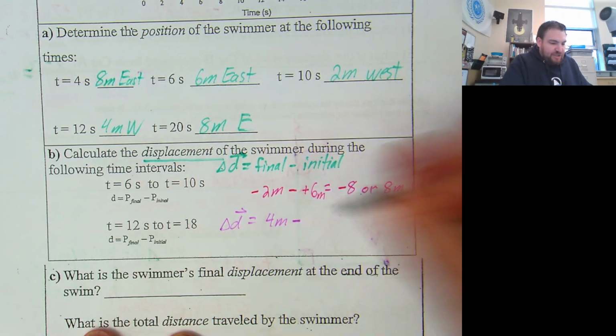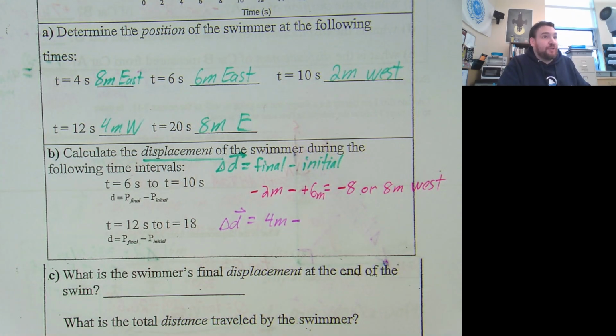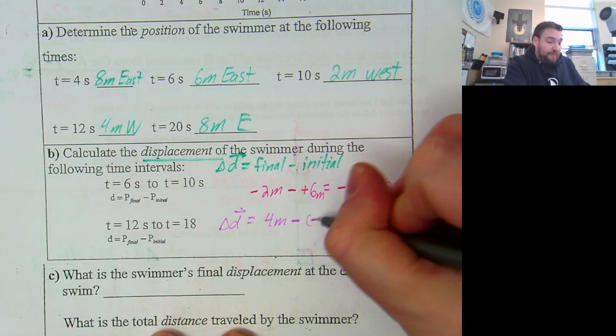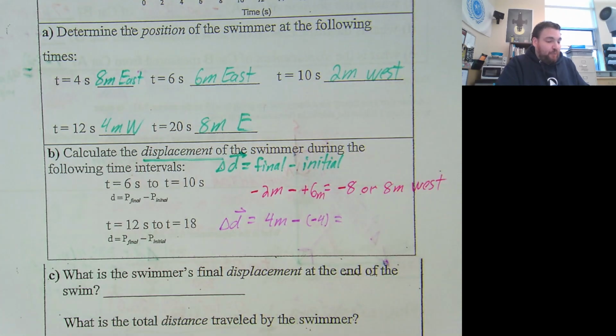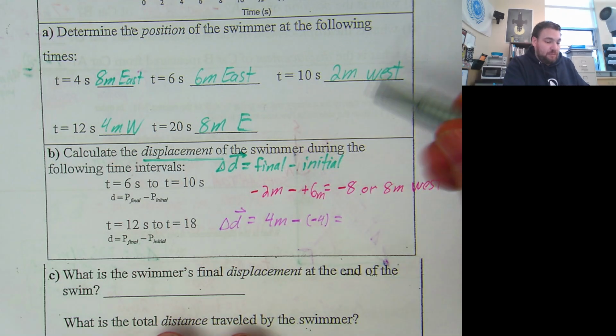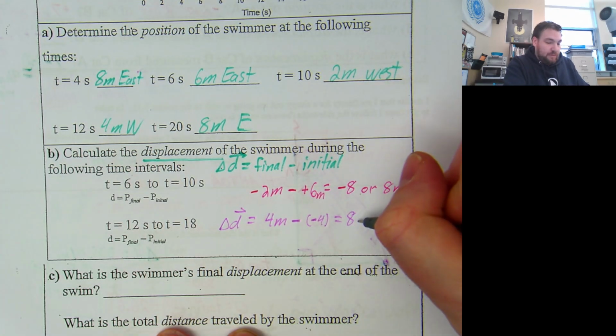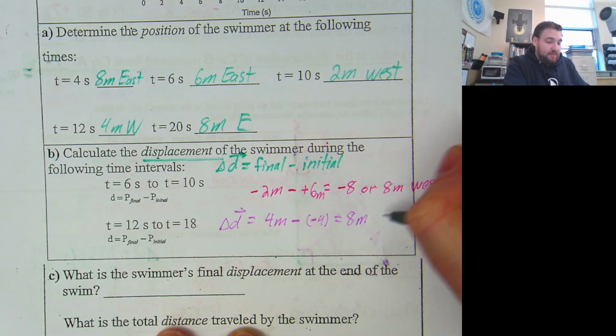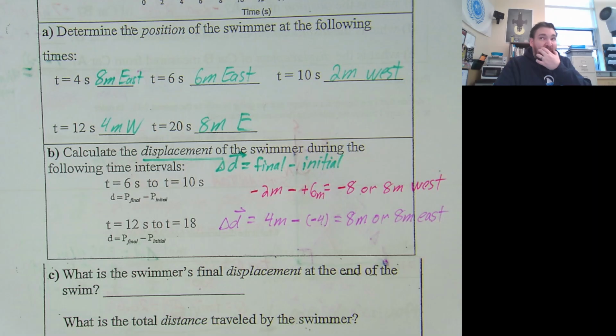We're going to take away the initial position. What was the initial position of our swimmer during this time interval? -4, or 4 meters west. Good. So what's 4 minus -4? +8. So then our swimmer was displaced 8 meters east.